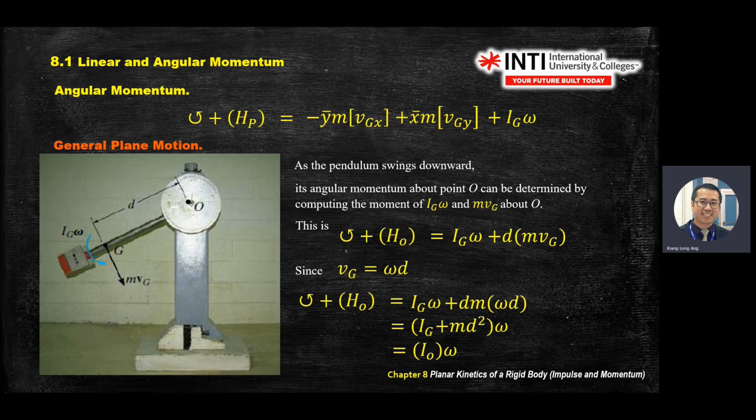Sometimes the question will force you to use the center of mass point. Sometimes the question will force you to refer to a certain external point. If the question asks you to refer to a certain point, for example point A, point O, or point B, then you need to use I_G plus m d squared. You need to convert this I_O into I_G plus m d squared. You need to look carefully.